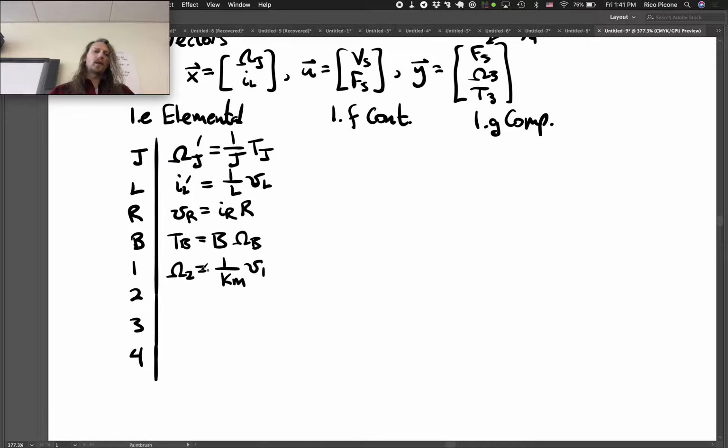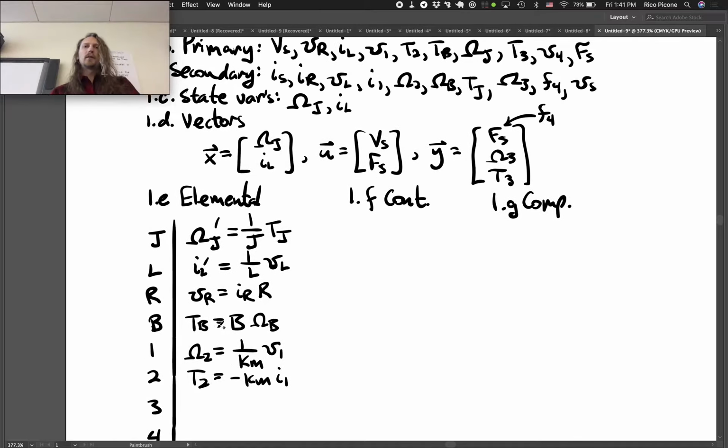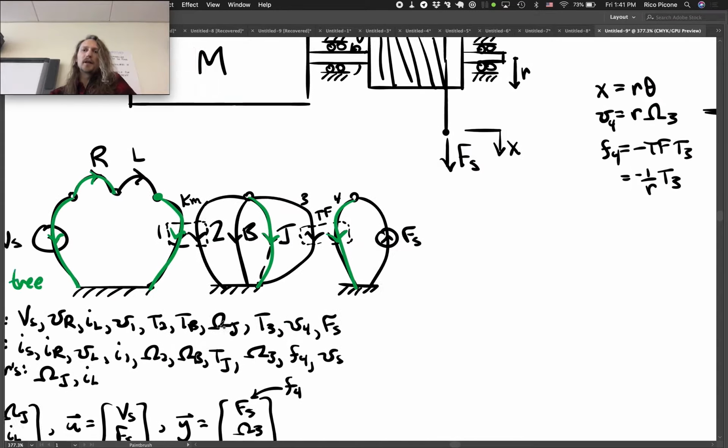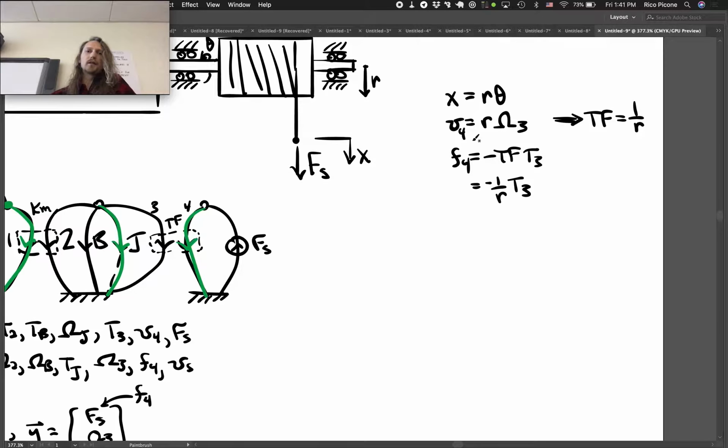And the other equation is the torque, T2 equals negative Km times the current I1. 3 and 4, we already got that relationship up here, right?